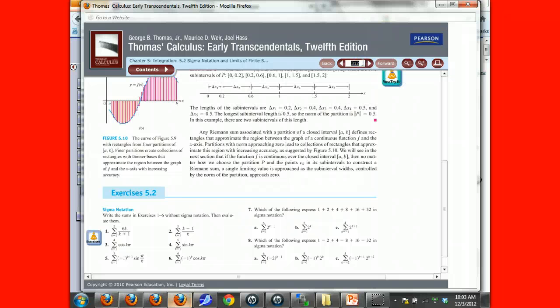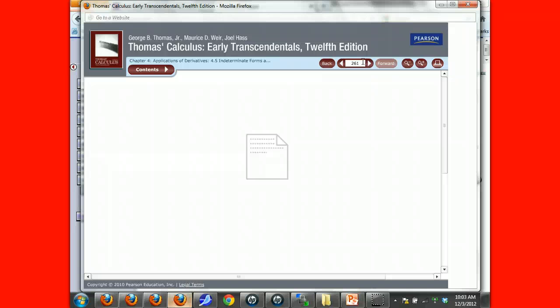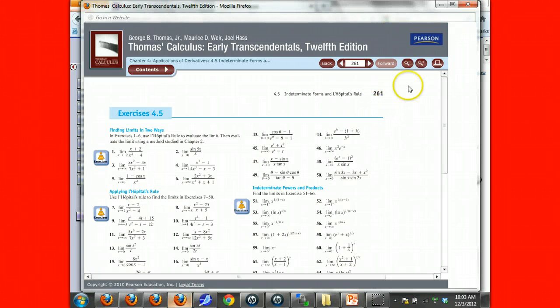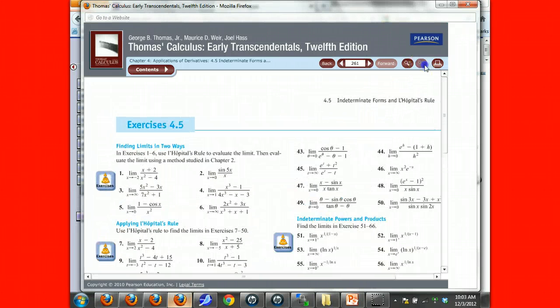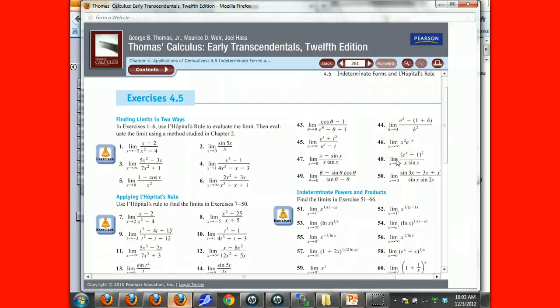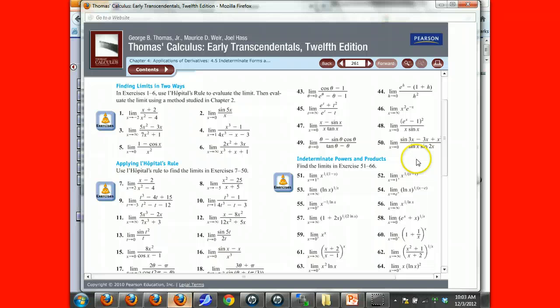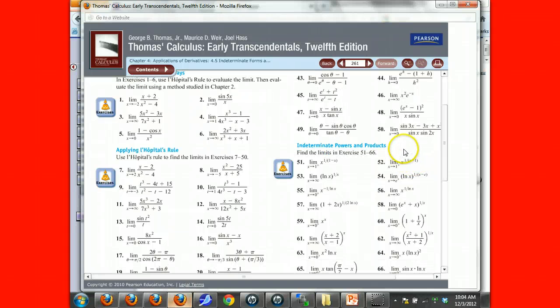Go to page number one more time. Okay, page 261. Question number 57. It's the L'Hopital's rule section.